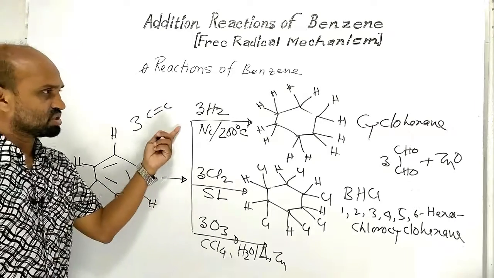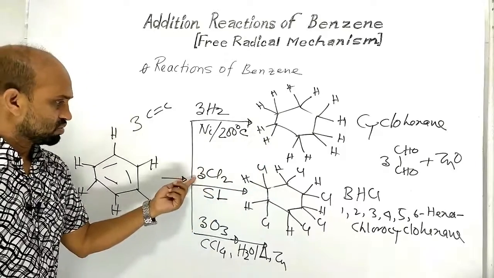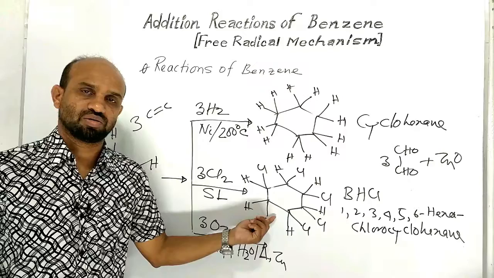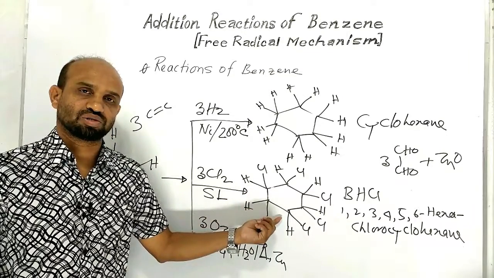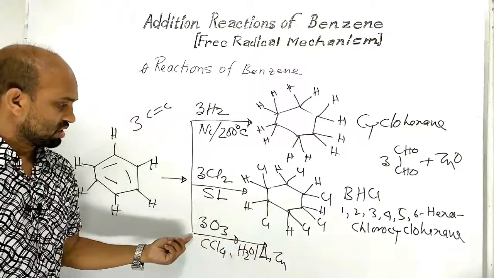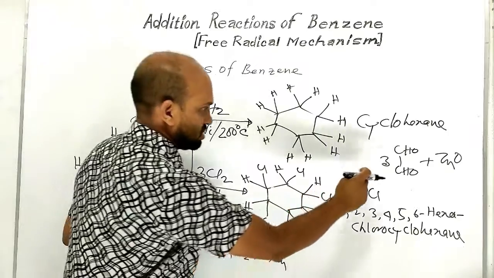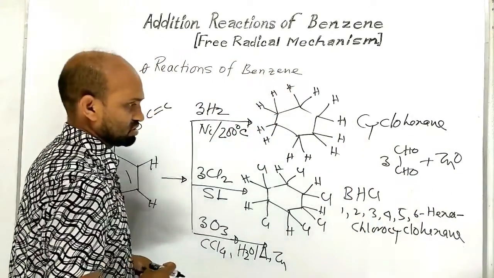From the hydrogenation we get cyclohexane. From chlorination we get benzene hexachloride, or 1,2,3,4,5,6-hexachlorocyclohexane. And on ozonolysis, from benzene we get glyoxal and zinc oxide as byproduct.